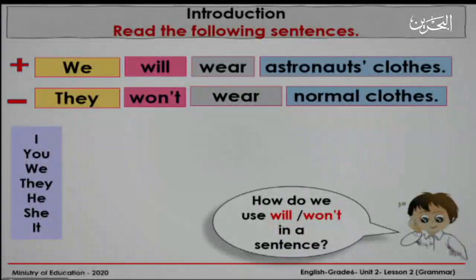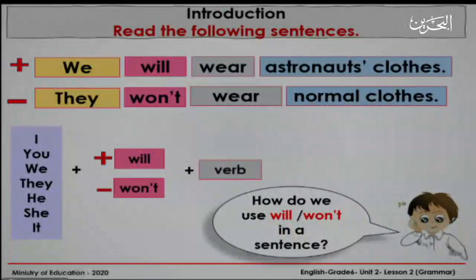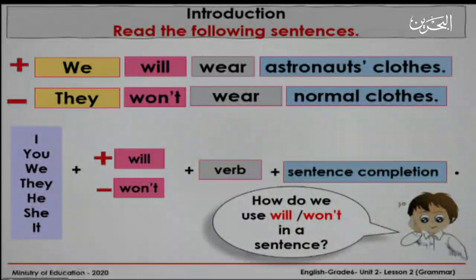The pronouns plus will for the affirmative sentences and won't for negative sentences, plus the base form of the verb, and at the end we don't forget to put a full stop.